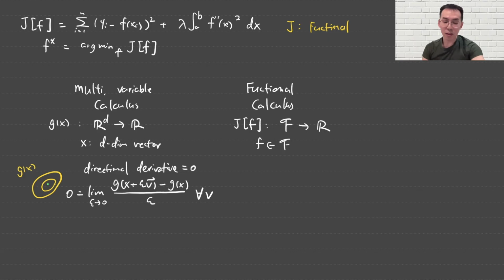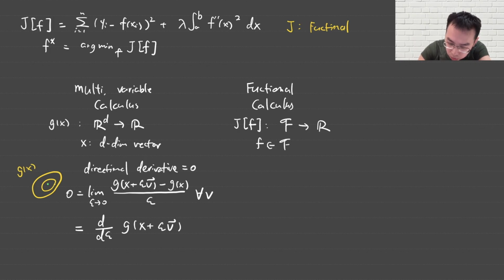That's how we define the directional derivative, and we can also write it in a slightly different notation with differentials. We can write it as d over d epsilon of g of x plus epsilon v, evaluated at epsilon equals 0.